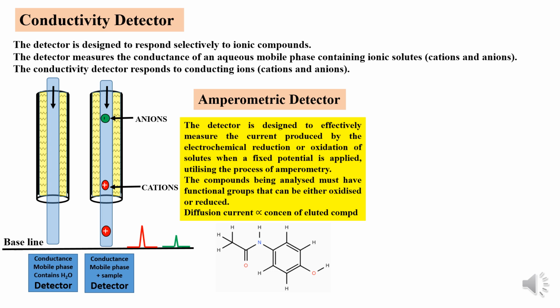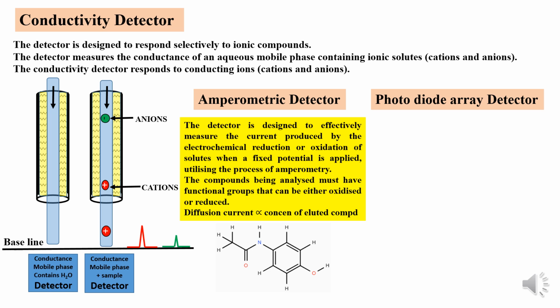So the requirement is that the compound being analyzed must have functional groups that can be either oxidized or reduced. When a potential is applied, these groups get either oxidized or reduced, and thereby a current is generated. And the generated current is directly proportional to the concentration of the eluted compound.